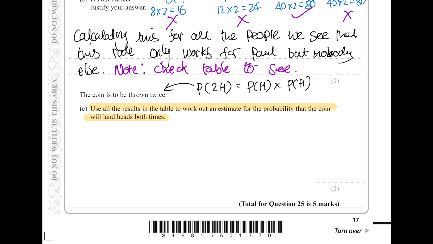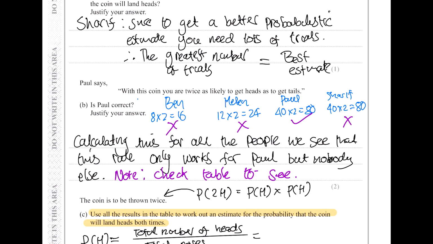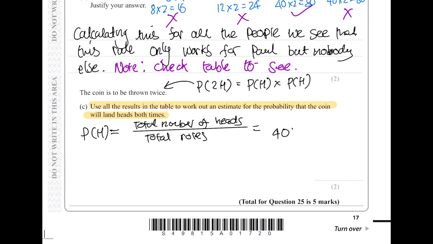And so in order to calculate this, what we do is that we say the probability that you land on heads would be total number of heads over total rolls. So here, as we can see, the total rolls is 300 plus 100, which is 400. And the total number of heads was 300.